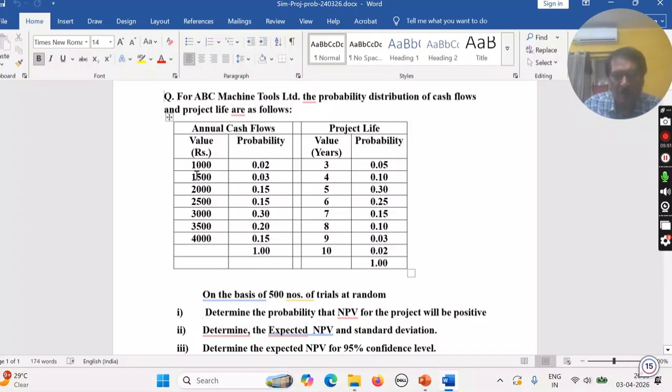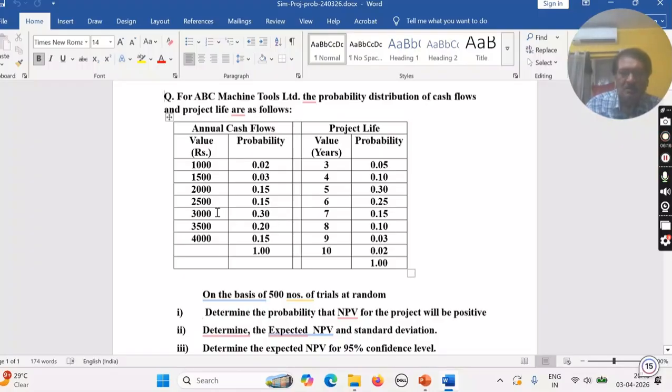What are the cash flows? Here cash flows are not deterministic. For 1000 cash flows, the chance will be 2%. That is 0.02 is the probability. So the probability attached with the value of cash flows is noted here.